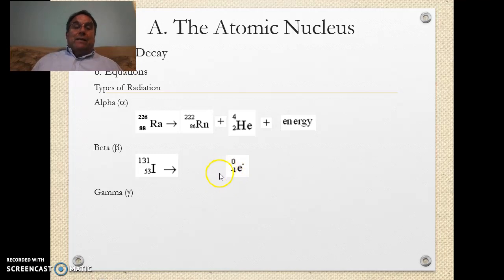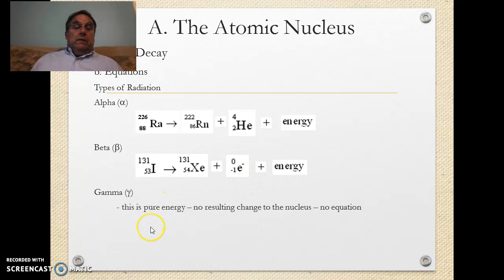So it's more for housekeeping purposes. So mathematically, 53 minus a -1, or 53 plus 1, is element 54, which is xenon. And then the mass number doesn't change, so it's xenon-131. And then again, copious amounts of energy.